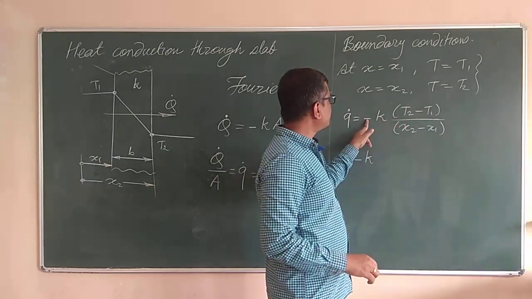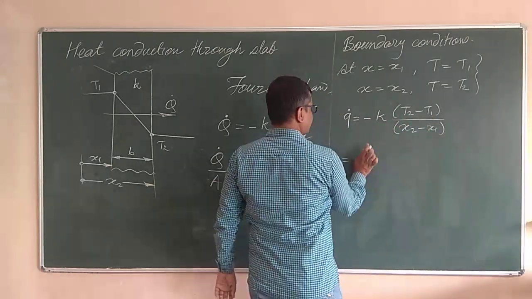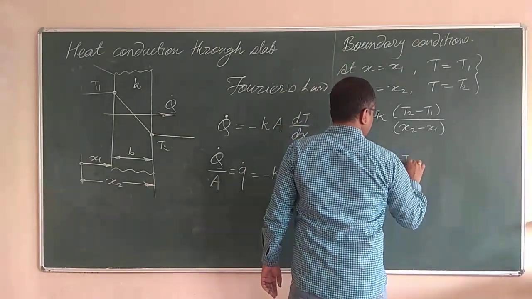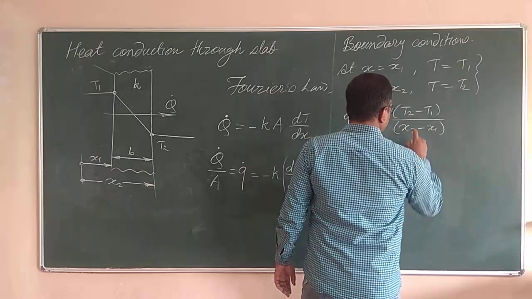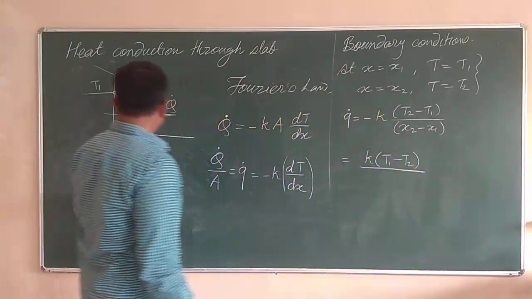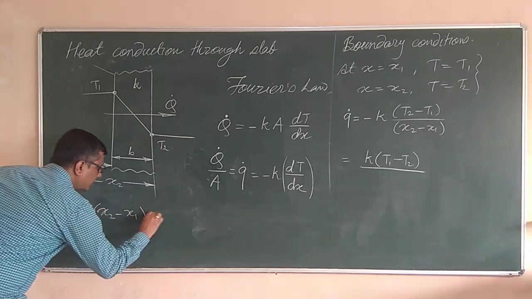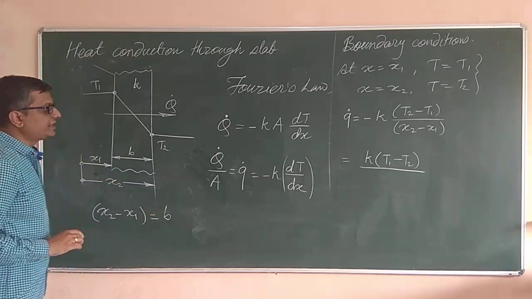If I take that negative into the bracket, it will be T1 minus T2 whole divided by x2 minus x1, and I can write x2 minus x1 as equal to the width of the slab B.